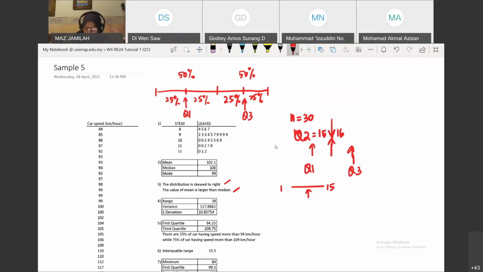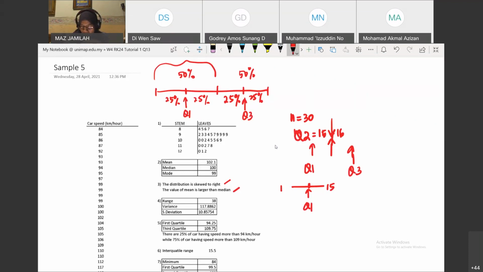Let us forget about the Excel output. What is the middle value for the first 50% here? Can someone give me the value? Does it fall exactly on a value or in between two values? For this Q1, does it fall exactly on a value or between two values?